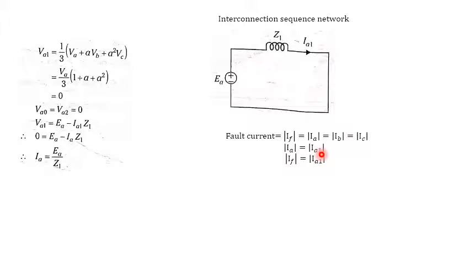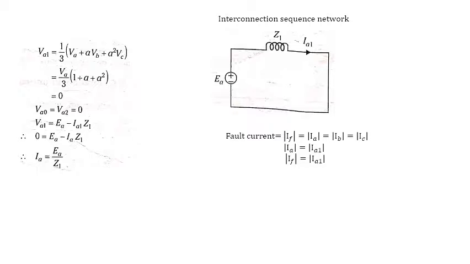That is, IA1 is equal to IA. We wanted to know the value of IF. IF is equal to IA1. This is the condition for the fault current under three-phase fault on a synchronous generator.